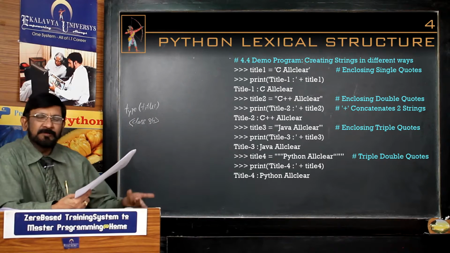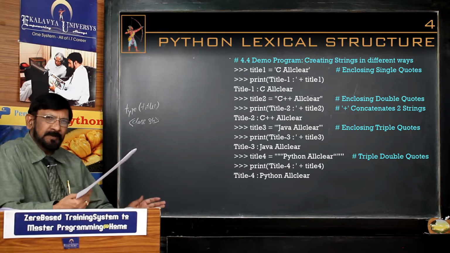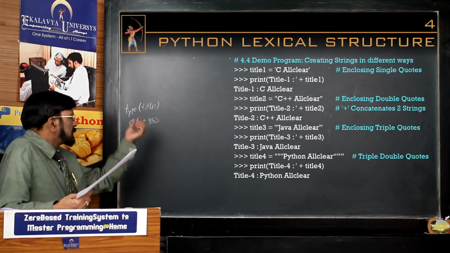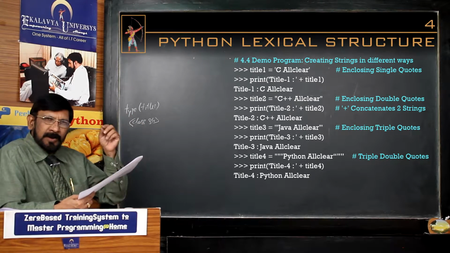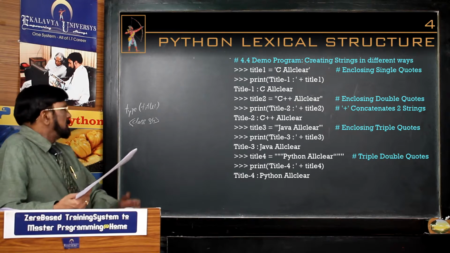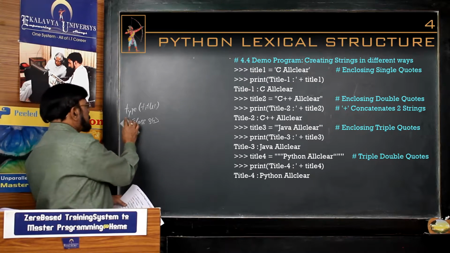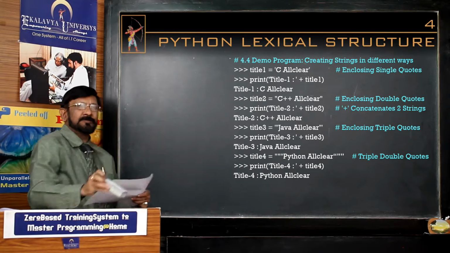There are many functions, some of which I already introduced, and I am going to explain many functions like type. If you want to know the type of a particular element, just using the type function you can write title 1, then class string is printed. That also you can view.